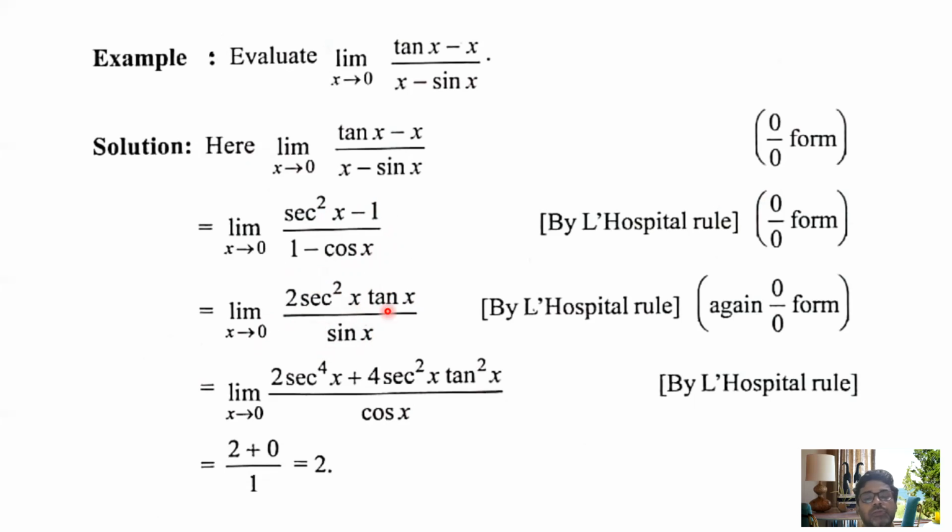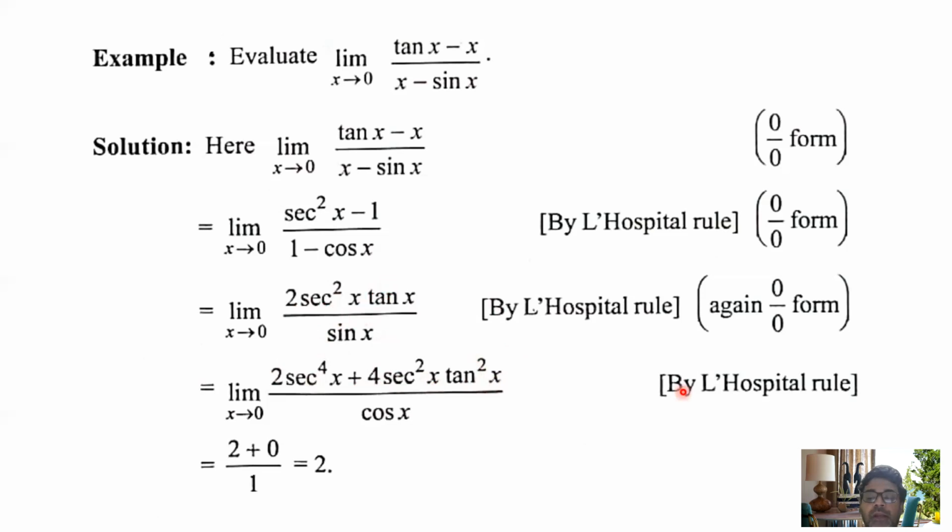Numerator is 0 and denominator is 0. Again you differentiate using the product rule. When you differentiate, we get 2 sec^4 x plus 2 sec x, and tan x sec^2 x, already know the sec x tan x derivative. So ultimately we have 4 sec^2 x tan^2 x.